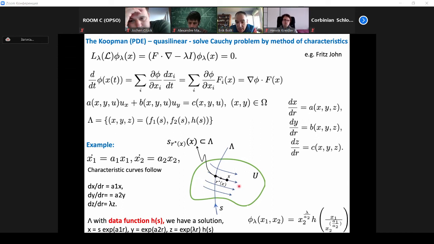You propagate the ODE and substitute back into the PDE. So this ends up being a general form of the solution for this PDE: x2 to the lambda over a2 times h, and then this ratio. And there's an ambiguity in h, or the data h. That's kind of a main point.